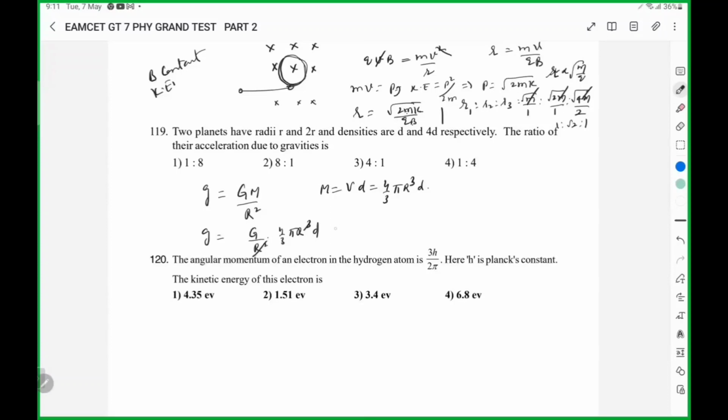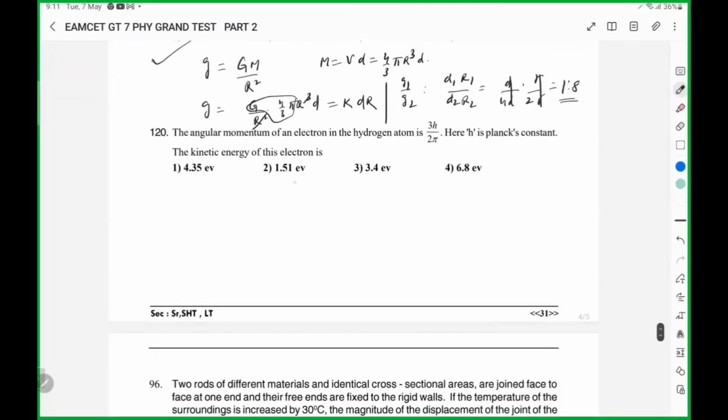The r square gets cancelled. G times 4 pi by 3 is a constant, so g is a constant times d and r. So g1 by g2 will be d1 r1 by d2 r2. That is d by 4d, and r1 is r by 2r. That's nothing but 1 is to 8.